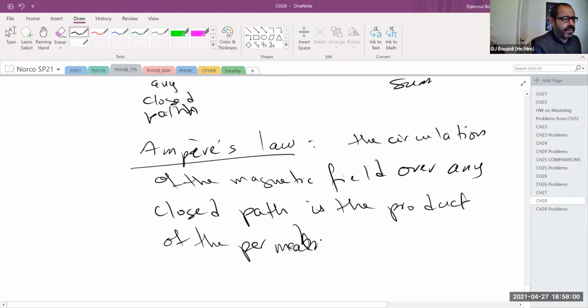It's mu naught in vacuum, but in other places it could be a different value.